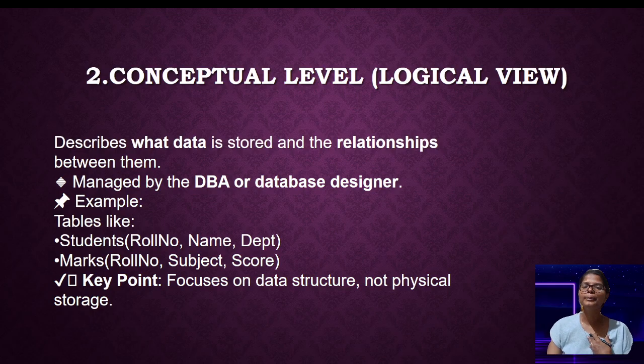What happens here is that the DBMS connects the two data sets and finds the relation between them, based on the branch, the name, the roll number, the subject, and the score. The student can get all the details. This is the internal, logical view. There is a relation between the data sets, which is found by the DBMS and managed by the database designer. This is called the conceptual level view.